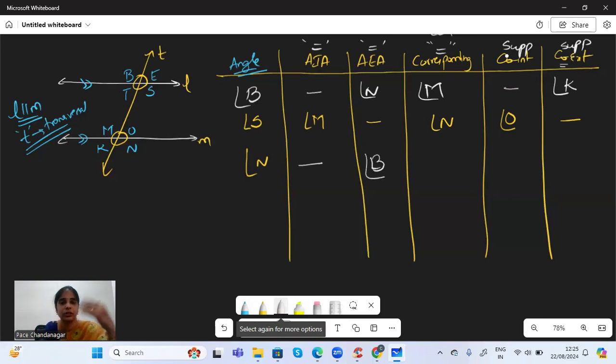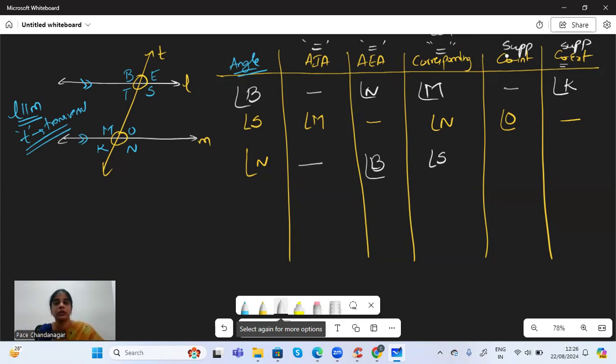So for N, the alternate exterior angle will be B, and they will be equal. Now coming to the corresponding angle. Corresponding in the sense of same positions, is what I said. N is on bottom right from the second set, so from the first set, bottom right would be your S. Clear? So go with S. So N with S are corresponding angles, and they are equal.